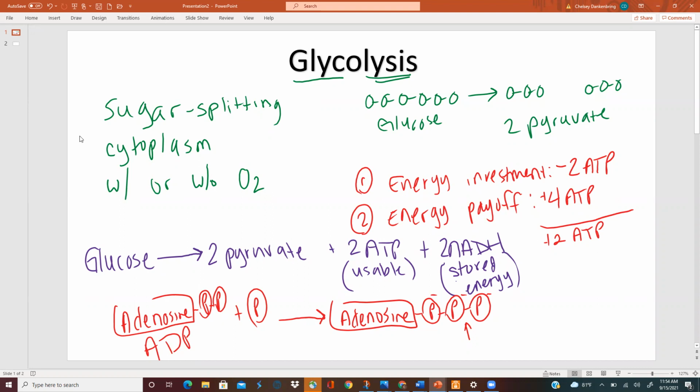And so we call this process substrate level phosphorylation. So phosphorylation because we are adding a phosphate group to ADP, we're phosphorylating it, and substrate level because we stole it from a different substrate molecule. Okay. So we make ATP by substrate level phosphorylation during glycolysis.